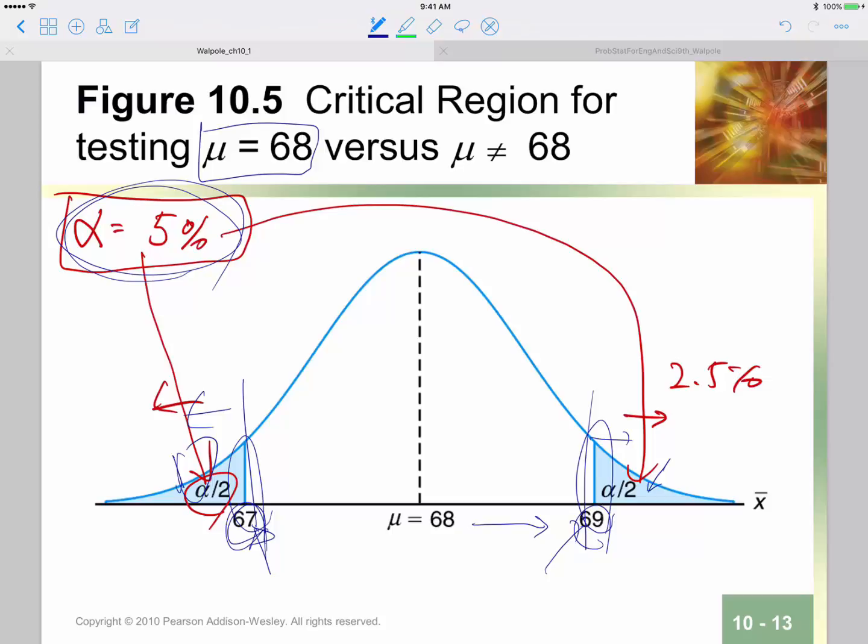But after deciding this boundary value based on this alpha value, what we do next is, suppose mu was shown to be 70.